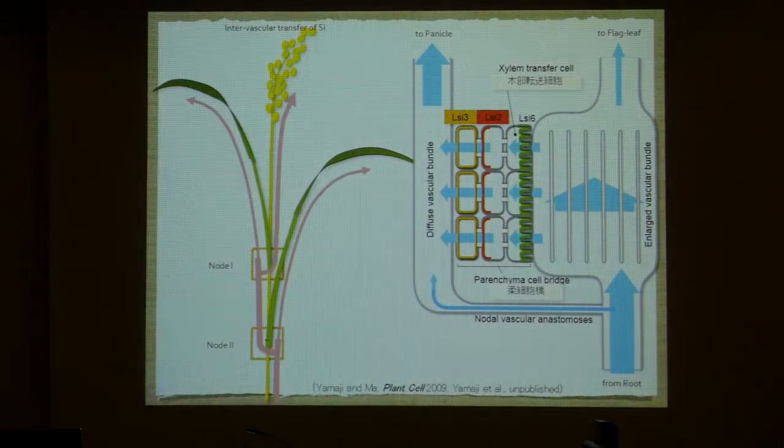This is just a summary of ELISA6, ELISA2, and ELISA3 in the node 1. As you can see here, they are localized at different cell layers. So ELISA6 functions as an influx transporter, and ELISA2 and ELISA3 function as efflux transporters.